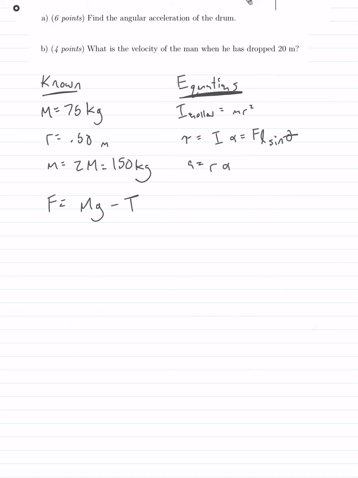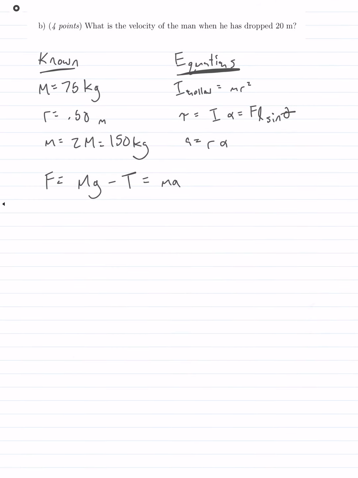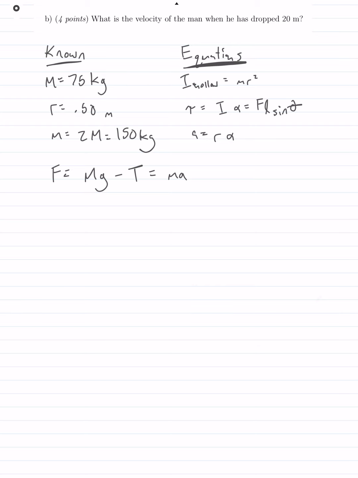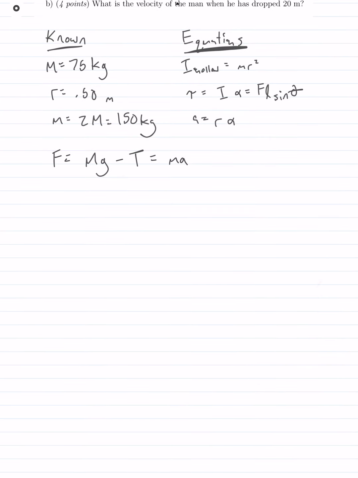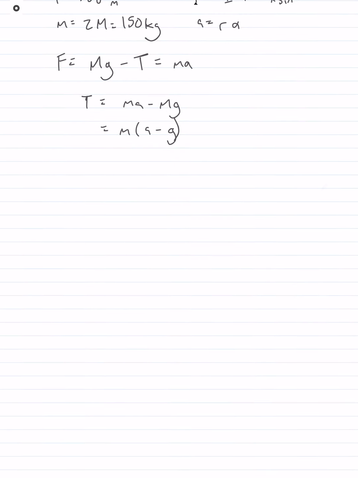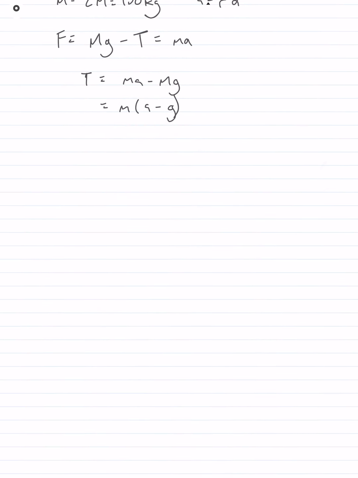We could also realize that force is equal to ma, the mass times the acceleration, which is the acceleration that the man falls down. Okay, so now let us isolate T. T is going to be equal to ma minus mg, which would be equal to m times (a minus g). So that'll be the first part, this is in section A.